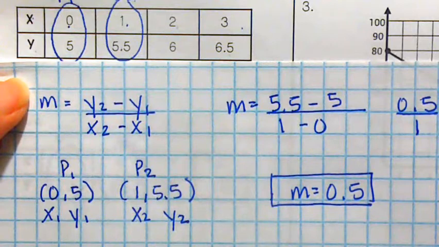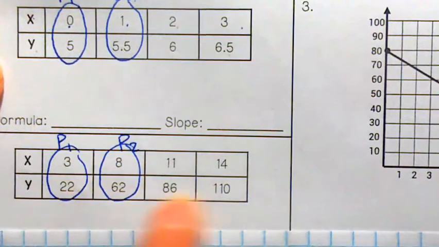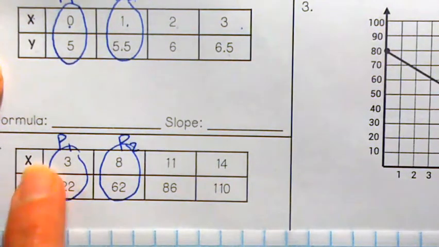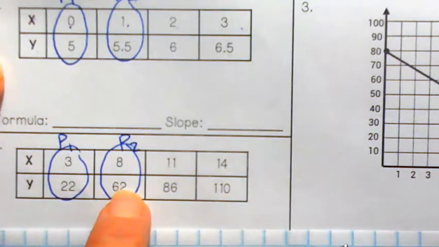All right, I got another great one for you. Same thing, we have an XY table that they gave us, x values on top, y values on bottom. I just chose the first 2 points because they have lower numbers. Write out my slope formula.